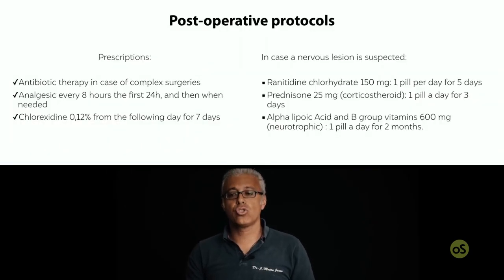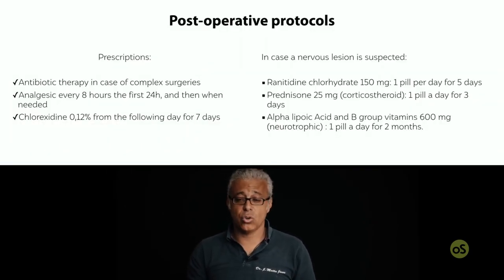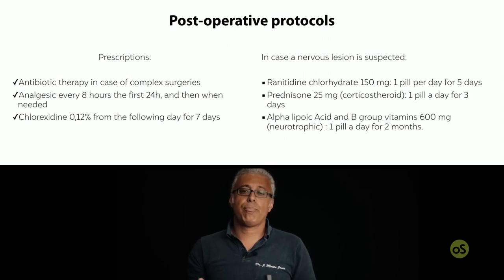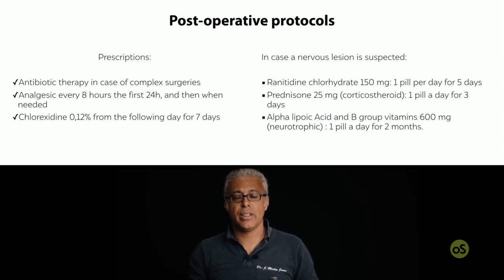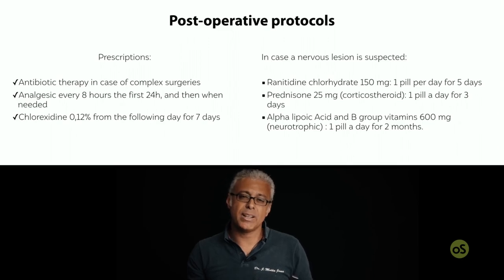If we look at the post-operative protocols, we're going to give some prescription for those surgeries that last long. So we're going to give an antibiotic therapy for those surgeries that last more than 30 to 45 minutes, but mostly if we have a bad exposure or enlarged exposure of the bone.